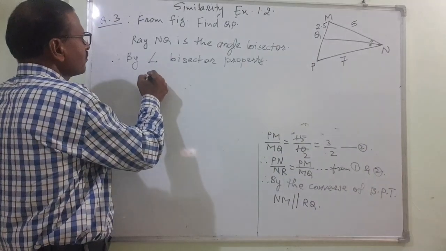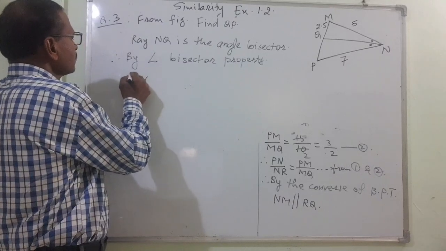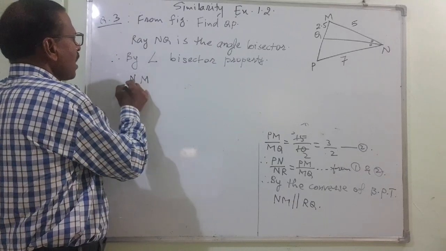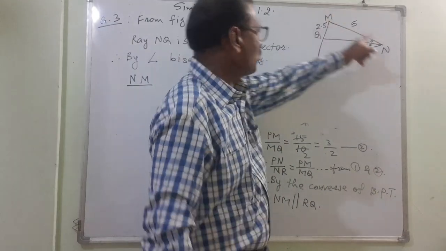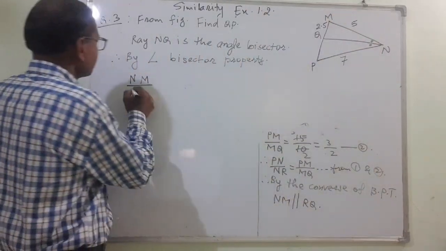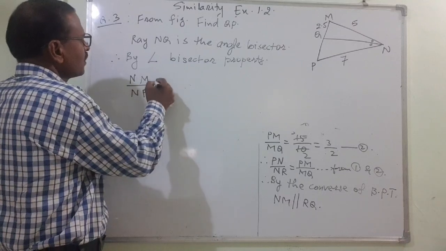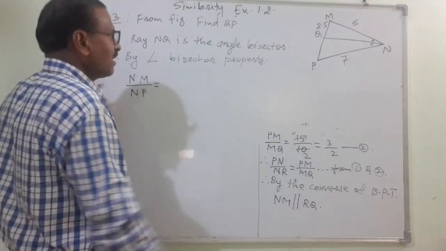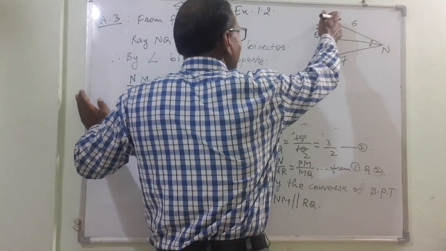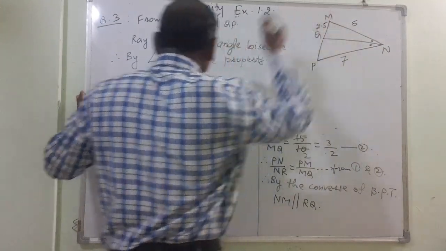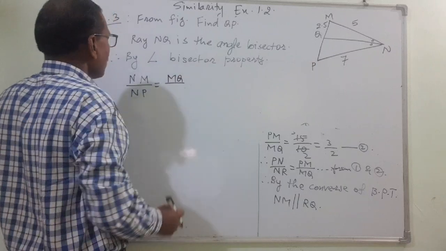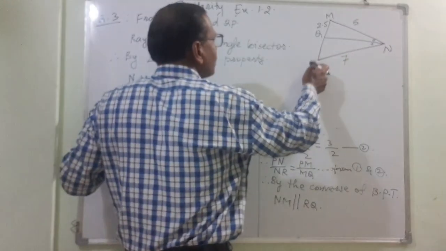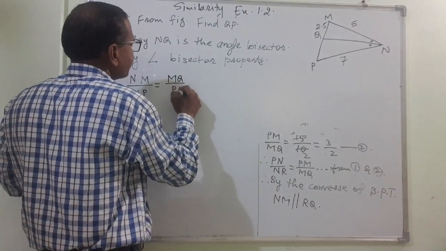NM upon NP is equal to, now this NM from M it is MQ, and NP from this it is PQ.